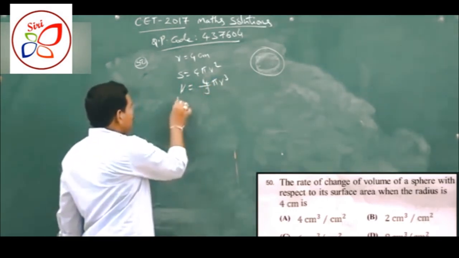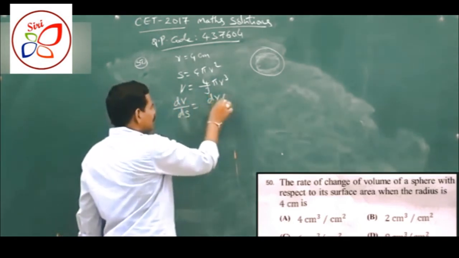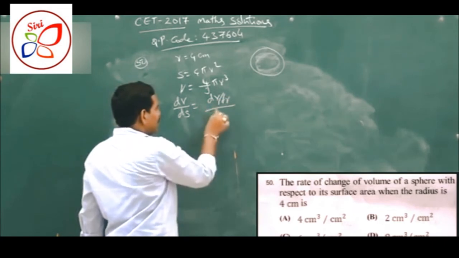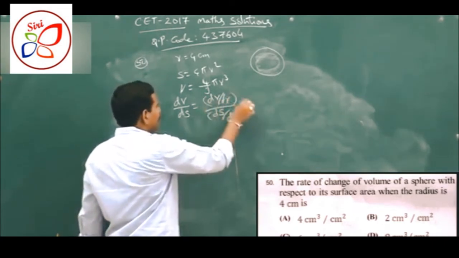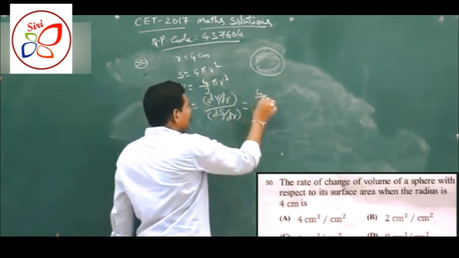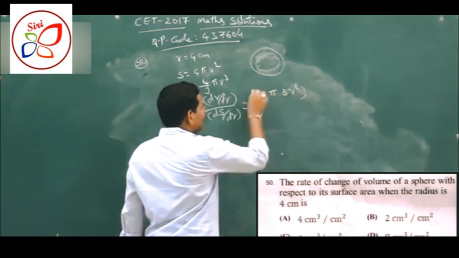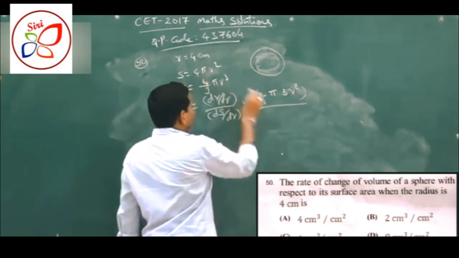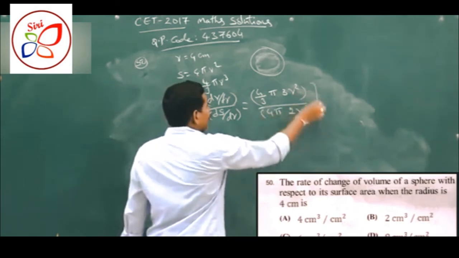We need dV by dS, means dV by dr divided by dS by dr. So 4 by 3 into pi into this derivative is 3 r square, divided by 4 pi into 2r.